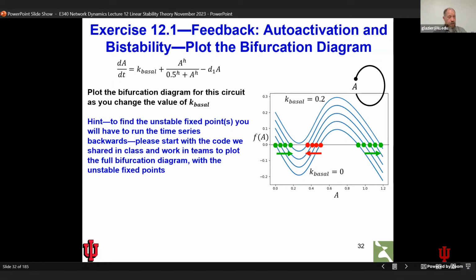And I had assigned you something which I think I asked you to do a couple of weeks ago, but we didn't do in class together, which is I'd like you to find the unstable fixed point too.